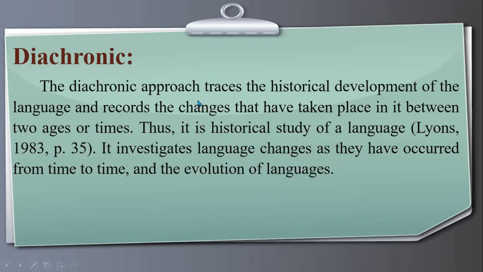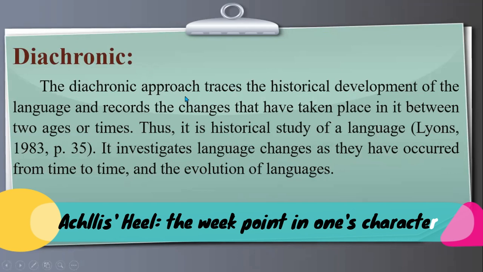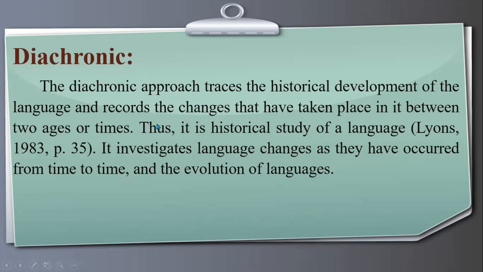For example, the idiom is Achilles heel. Now, there is a long story behind that idiomatic expression. So without learning the historical background, sometimes it is very difficult to grasp the exact meaning of the word. According to diachronic study, words or semantics are to be studied historically.